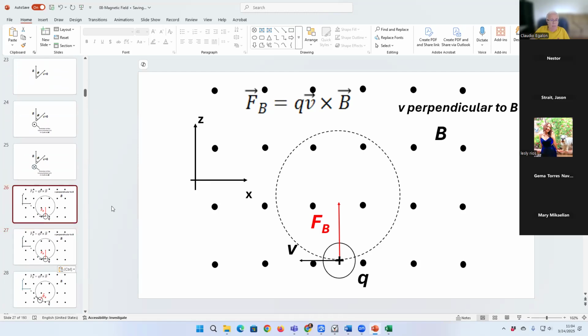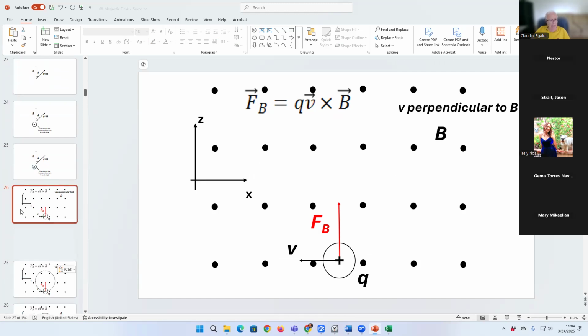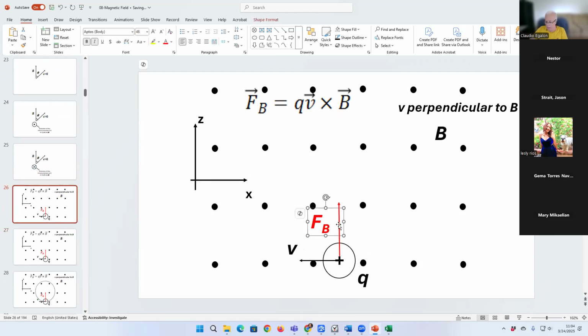Now we are looking into the magnetic field lines. The magnetic field lines are coming out of the plane of my screen. We can go ahead and play the movie like I always like to do.